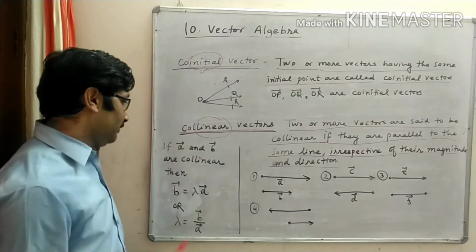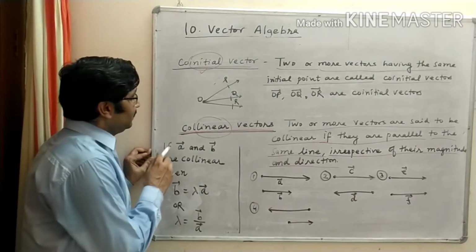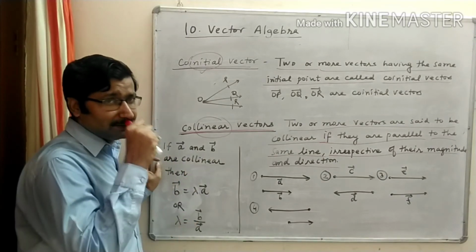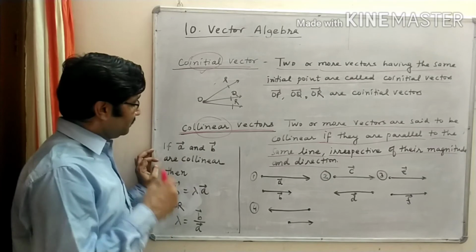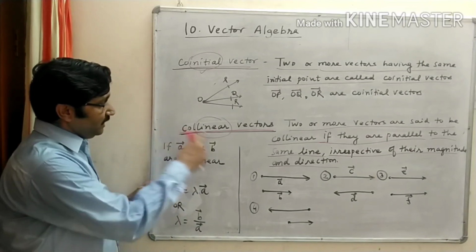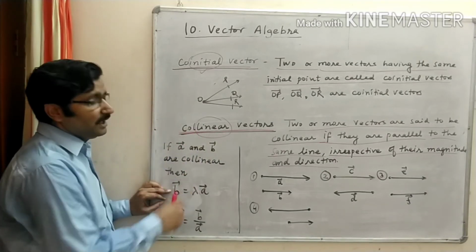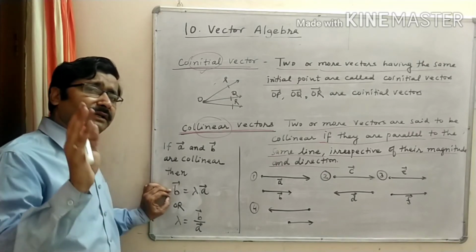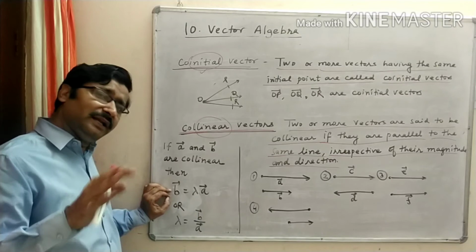Look here. One important thing we have, if A and B are collinear, then one relation will be here. So what is the relation? If A and B are collinear, then B equals lambda A. Here lambda is any real number.